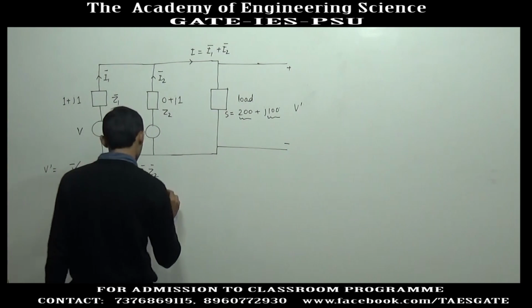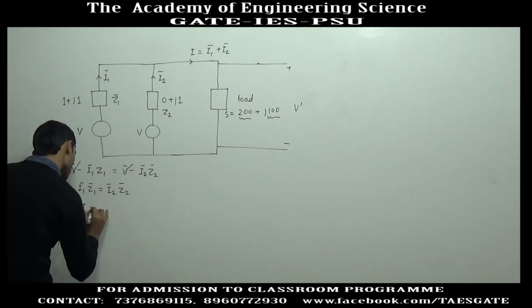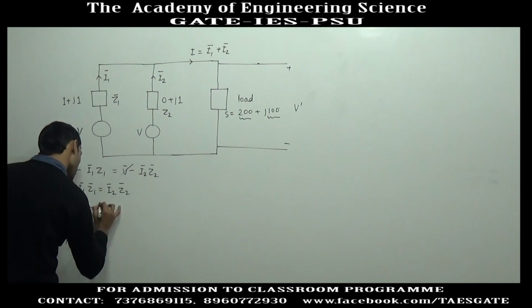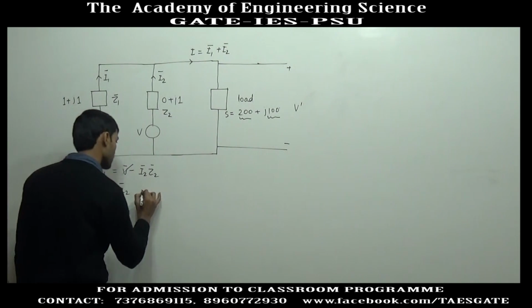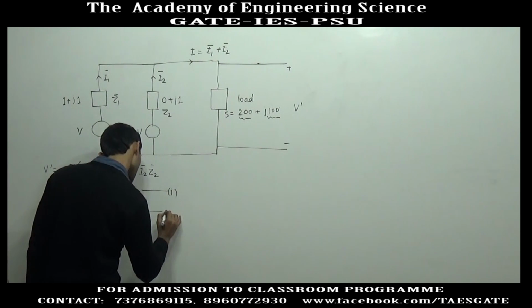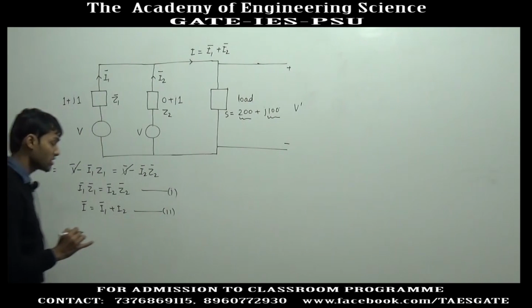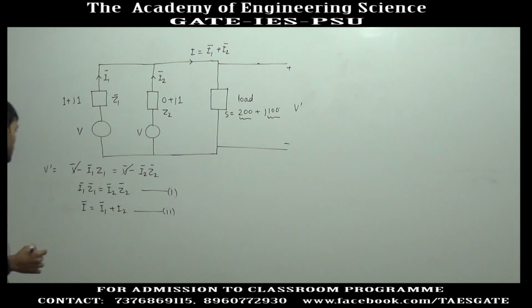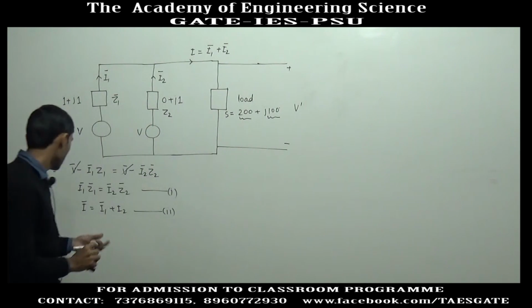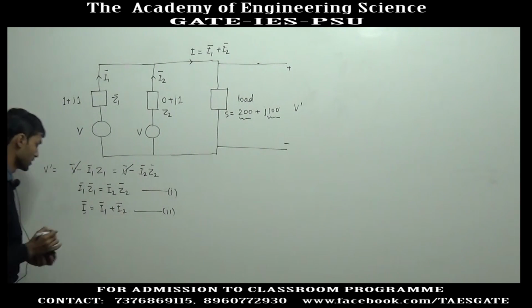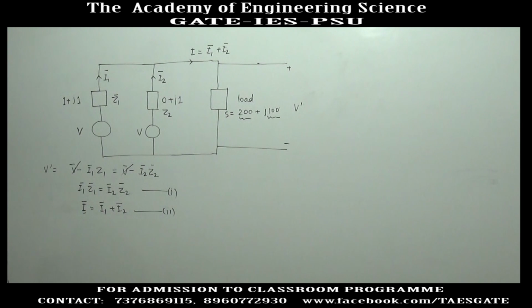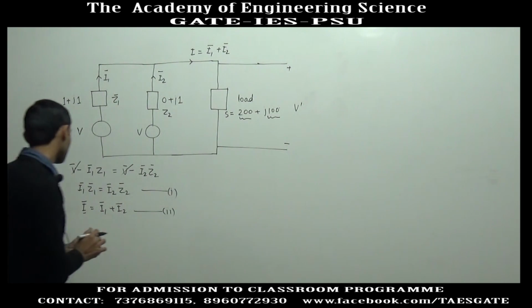And the total current I is equal to I1 vector plus I2 vector. This is the first equation, and this is the second equation. From the first and second equations, we will get the values of I1 and I2 in terms of capital I, which is the current demand of the load.